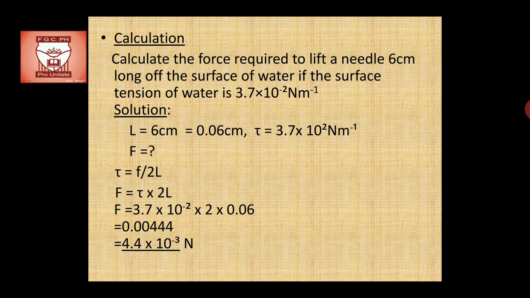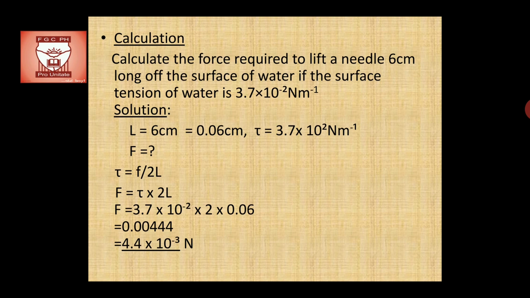Now, calculation. Let us look at how we can make use of that surface tension formula. This is a question here. Calculate the force required to lift a needle 6 cm long off the surface of water if the surface tension of water is 3.7 times 10 to the power minus 2 Newton per meter.